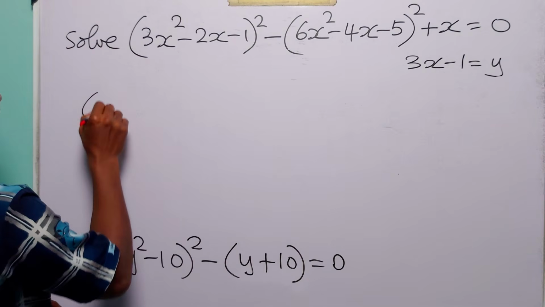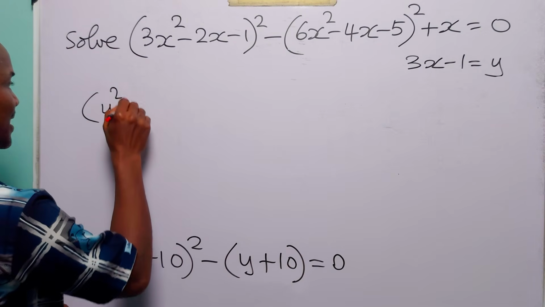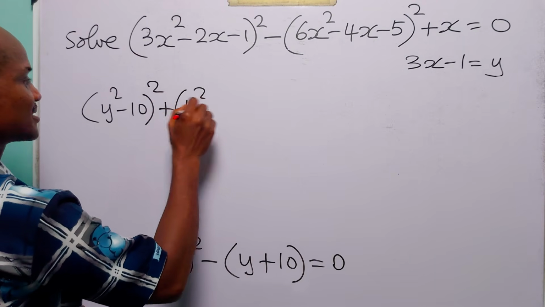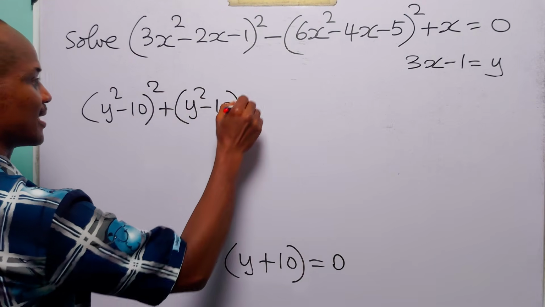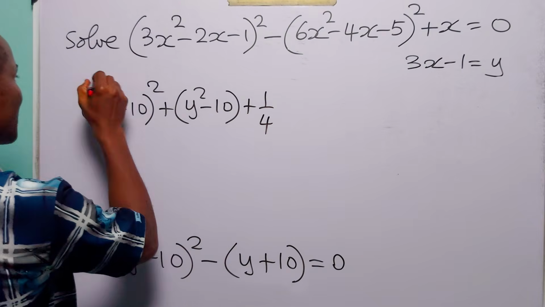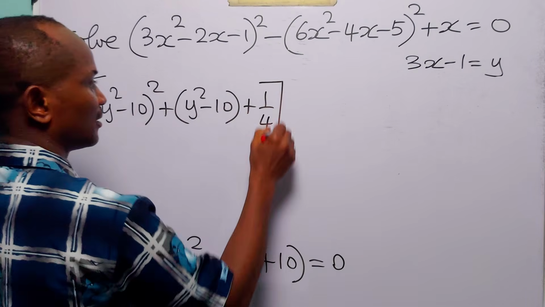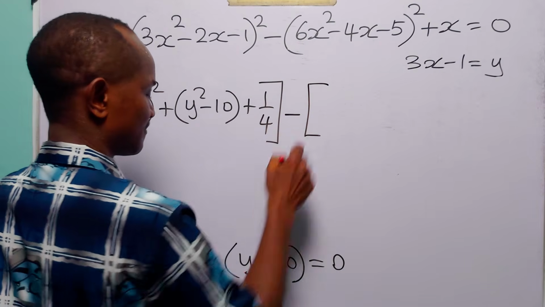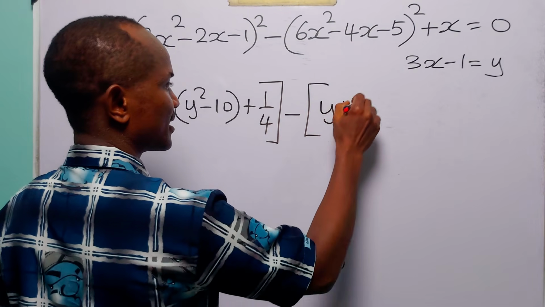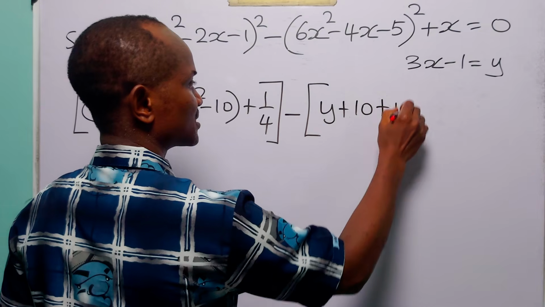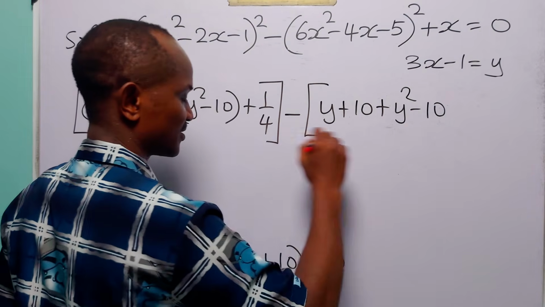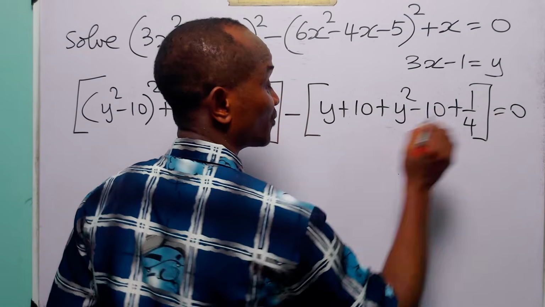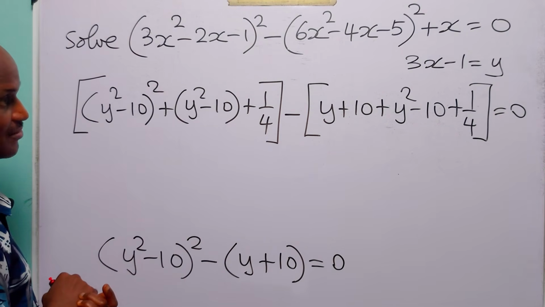When we do that, we have y squared minus 10 squared plus y squared minus 10 plus 1 over 4. Then we subtract, minus, we have y plus 10 plus y squared minus 10 plus 1 over 4. And of course, this is equal to 0.